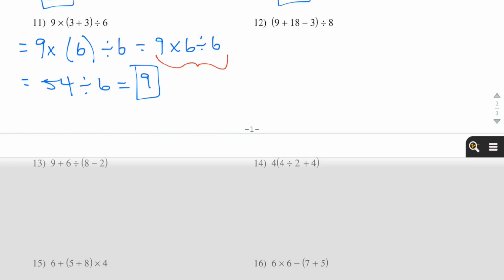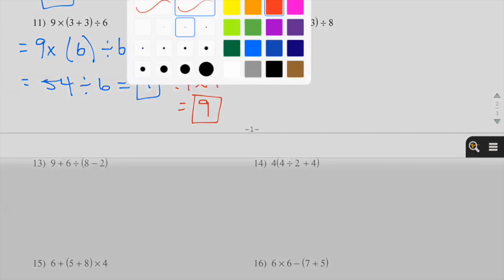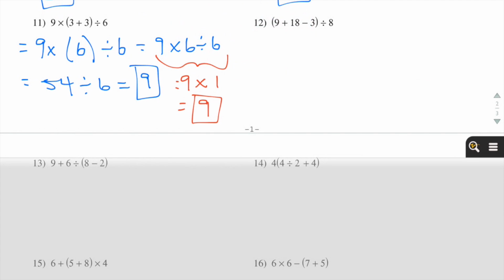For example, what I did before was the 9 times the 6 and then divide by 6. Well, let's just do 6 divided by 6 and multiply that number by the 9. So 6 divided by 6 is 1. When we multiply that, we still end up getting 9, which is the same answer as what we got when we went multiplication first. So just showing you that there's different ways to do it.